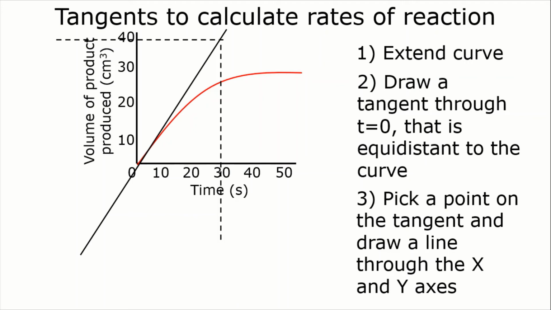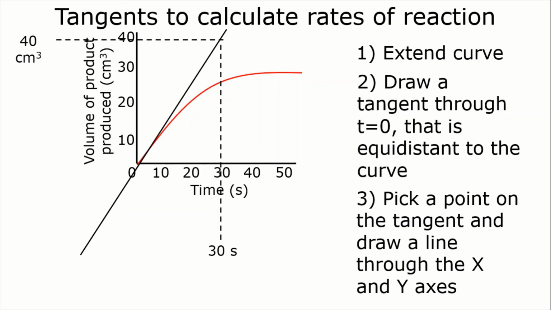So I've chosen, just to make the maths easy and to make sure I'm getting correct results, I have picked it going through 30 seconds on my x-axis and at 40 centimeters cubed on my y-axis. Now obviously I could pick a different point, it could be going through at 20 centimeters cubed on the y-axis and 15 seconds on the x-axis, but like I said, if your tangent is drawn correctly, you will always get the same result as long as you're interpreting correctly.